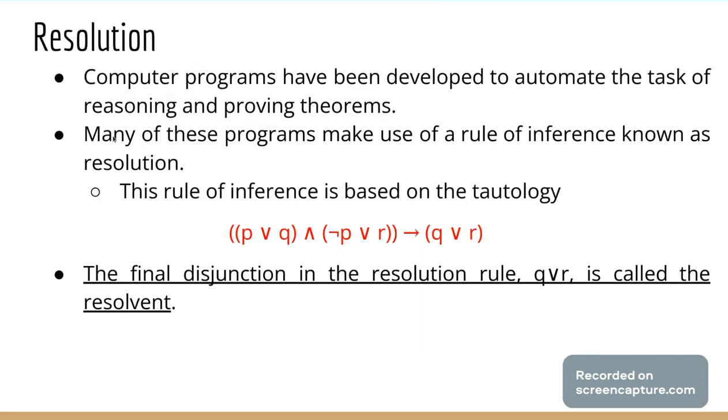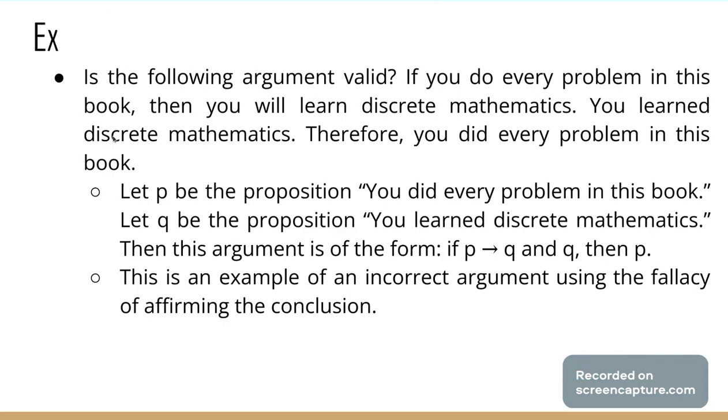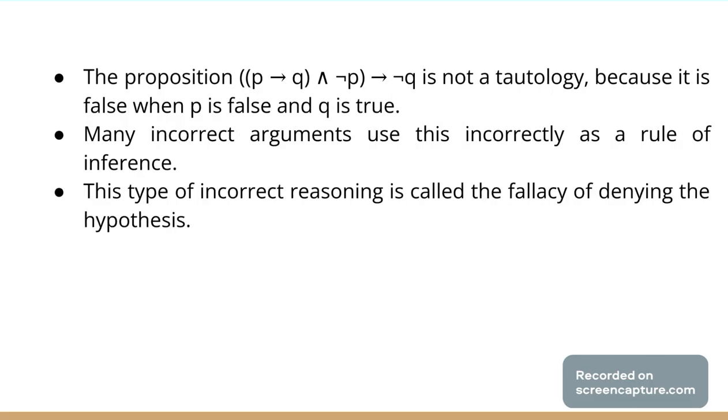So let's come back. See over here. It was supposed to be not Q and P implies Q, which implies not P. But here it is not P and P implies Q, and they are saying that it implies not Q. Okay, it is a distortion of modus tollens. It is not a tautology.